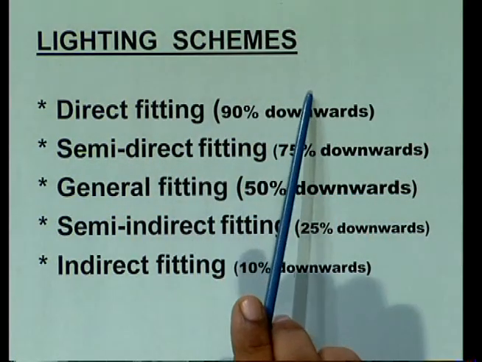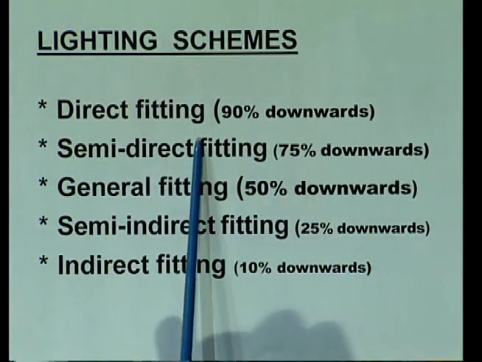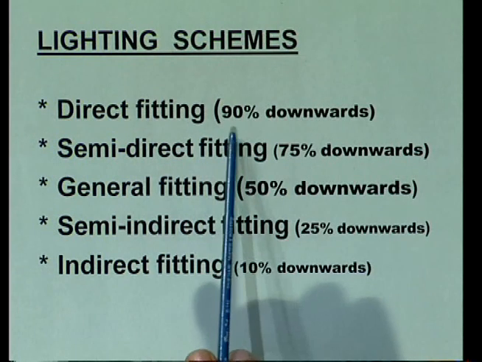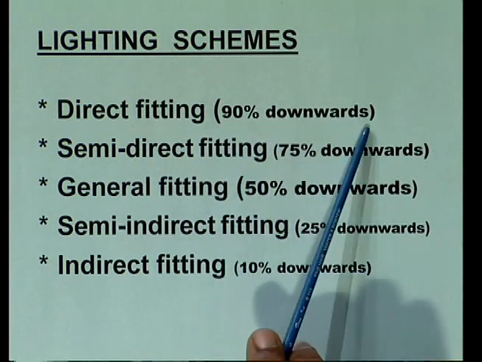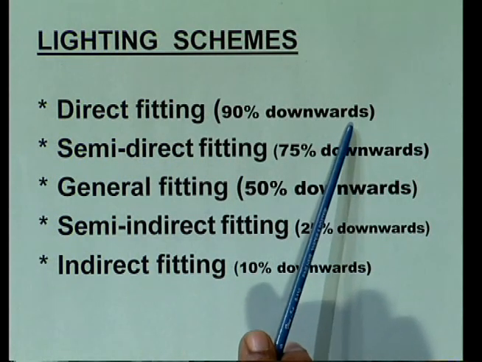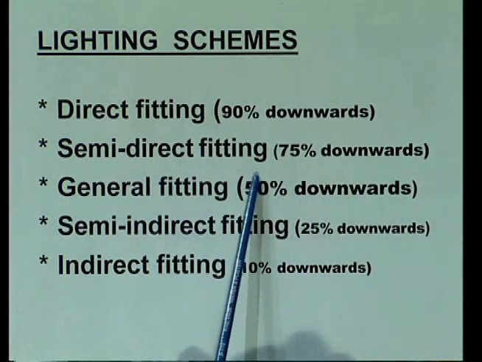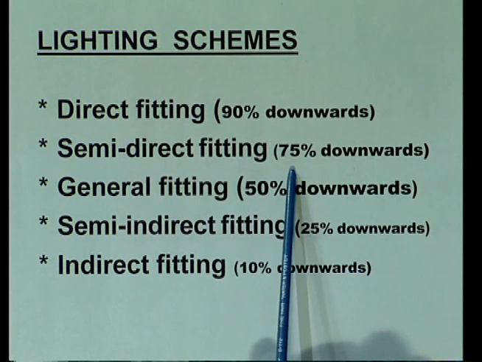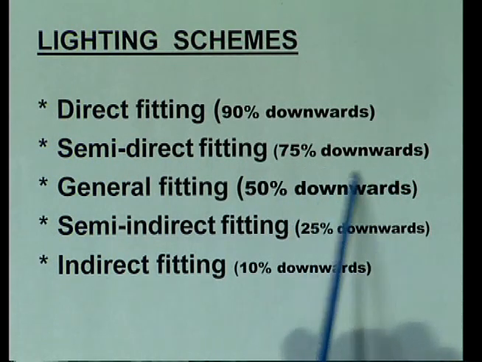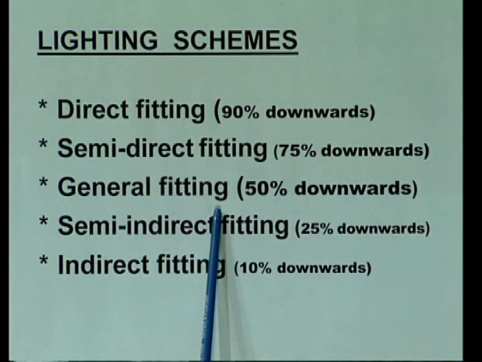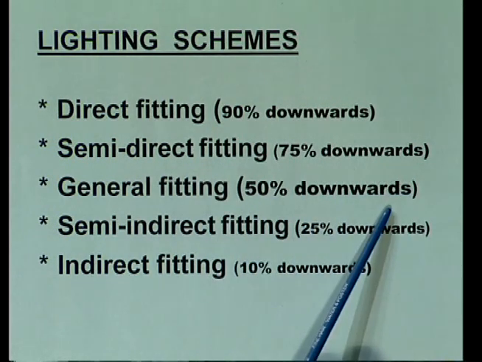Lighting schemes, direct fitting. In direct fitting, the illumination will be falling on the object about 90% downwards. Semi direct fitting, the illumination falls 75% downwards and 25% goes upwards. General fitting 50% downwards.